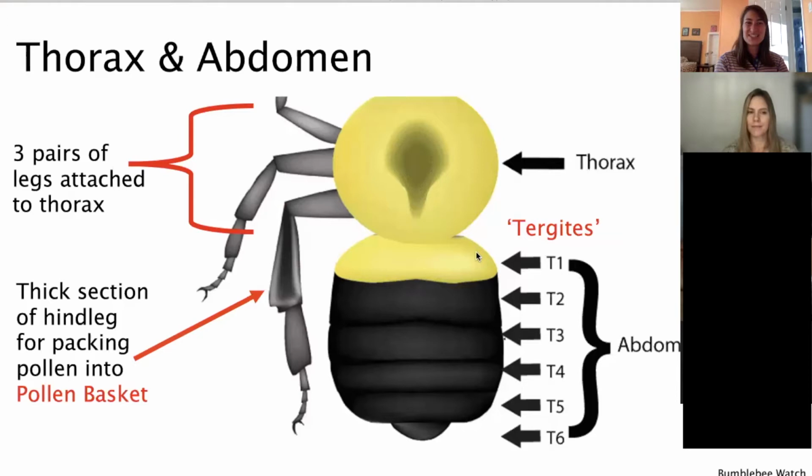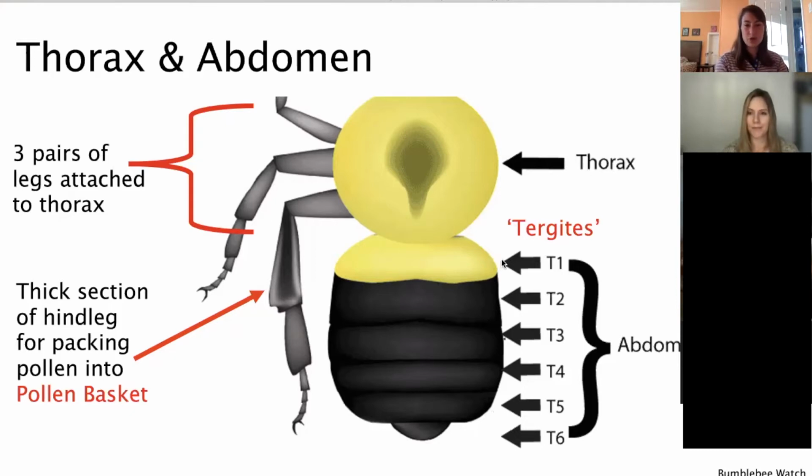They have these sections of their abdomen, which are called tergites, but everyone just abbreviates it to T. So if you hear T1, T2, T3, you're going to start at the tergite closest to the thorax and then work your way down. Females have 6 tergites, males have 7, but we're mostly going to be focusing on the females today, and actually mostly just T1 and T2 are the biggest ones.